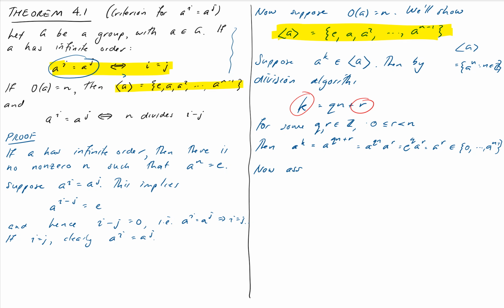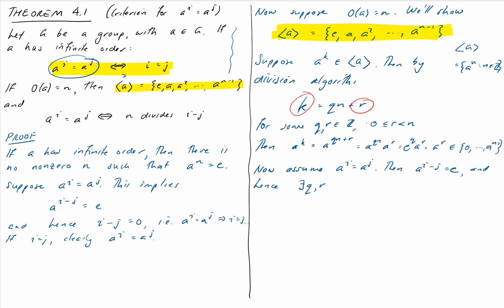Okay, now we're going to have to attack the if and only if proof. Assume that a to the i is equal to a to the j. Then a to the i minus j equals e, and hence there exist q and r again.